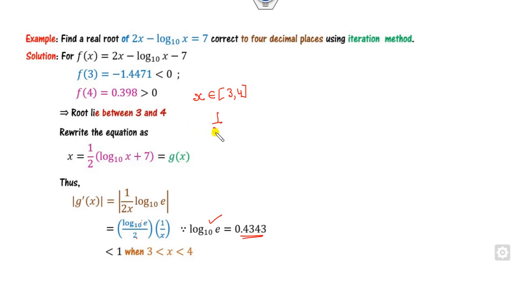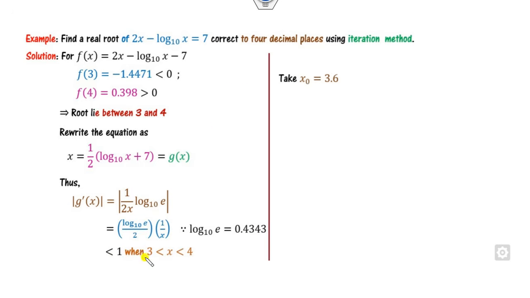So 1 over x will lie between 1 over 4 and 1 over 3. This number is also less than 1, this number is also less than 1, and the product is also less than 1 for all x in here. Therefore the fixed point method is applicable. So now you can choose x naught any value between 3 and 4. Remember, any value.